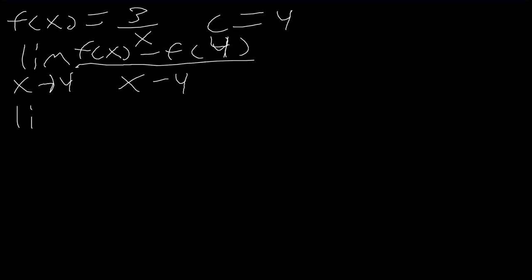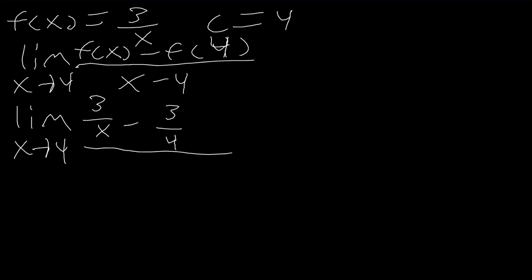Now we can just plug in 3 over x for f of x. So we're going to have the limit as x approaches 4 of 3 over x minus 3 over 4, because f of 4 is just 3 over 4. And then it's over x minus 4.